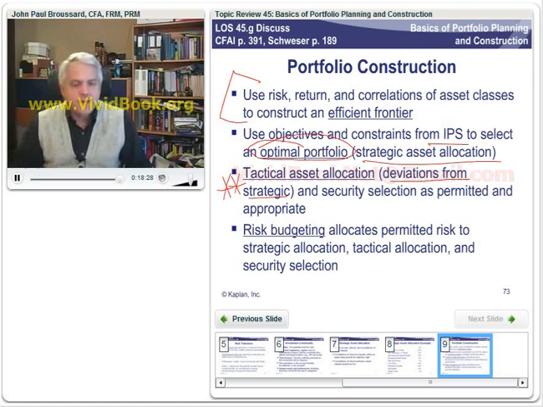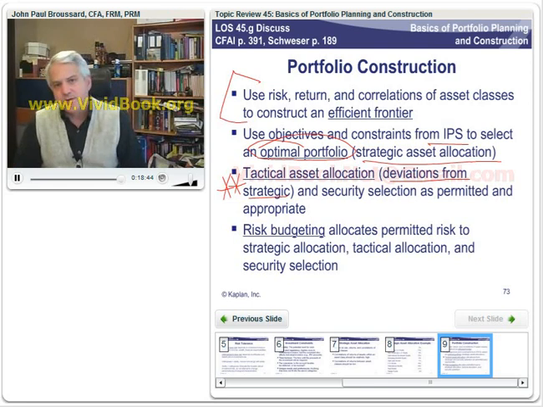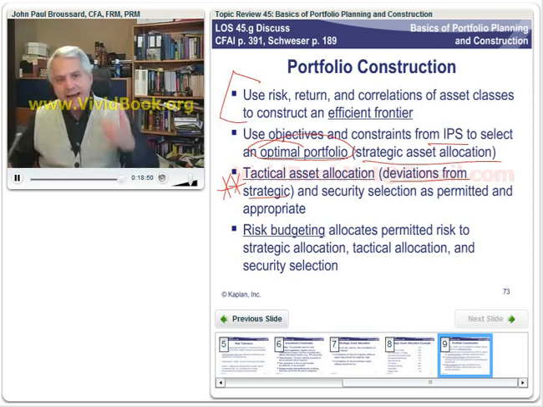And then finally, we might want to also consider some issues associated with risk budgeting. It allows us to do what? It allows us to take into account some risk considerations to our strategic asset allocation decision, our tactical asset allocation decision, and our security selection decision. Ultimately, at the end of the day, what do we have to do? We have to buy individual securities.